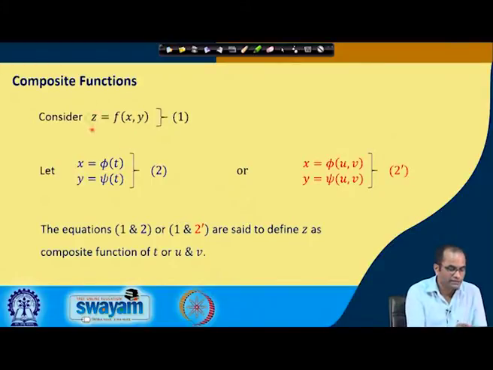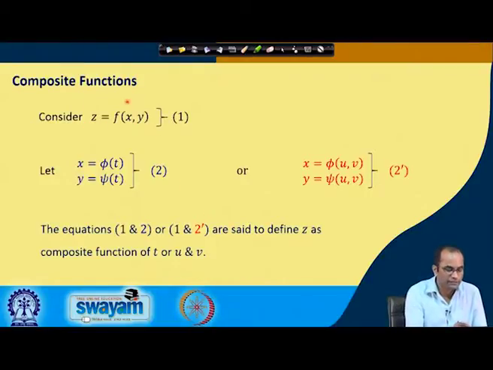So, basically z is a function of t, and then we can define the derivative of z with respect to t directly. We will derive a formula to get the derivative of z without substituting x and y into this function, making it a function of t and then taking the derivative.